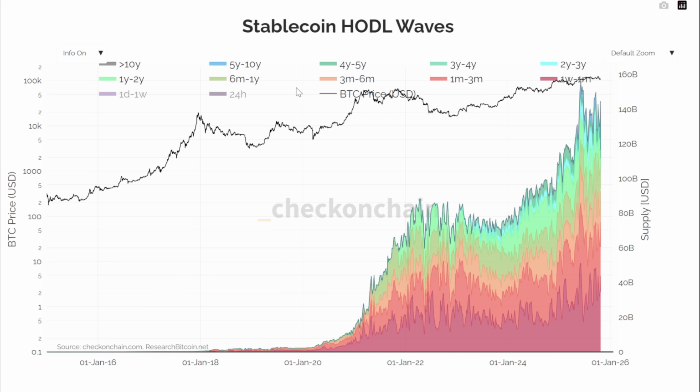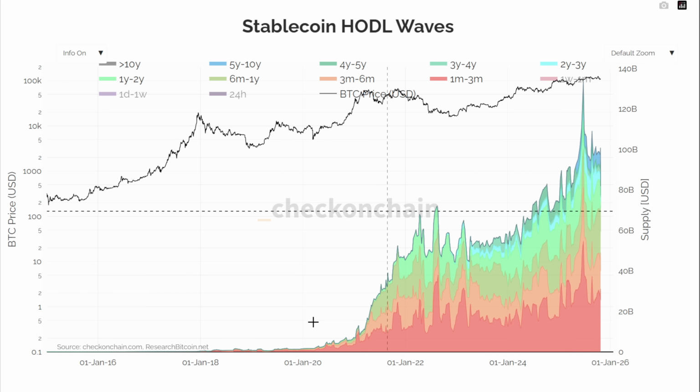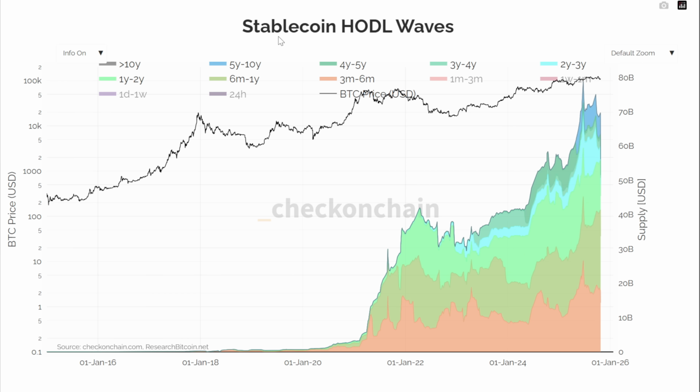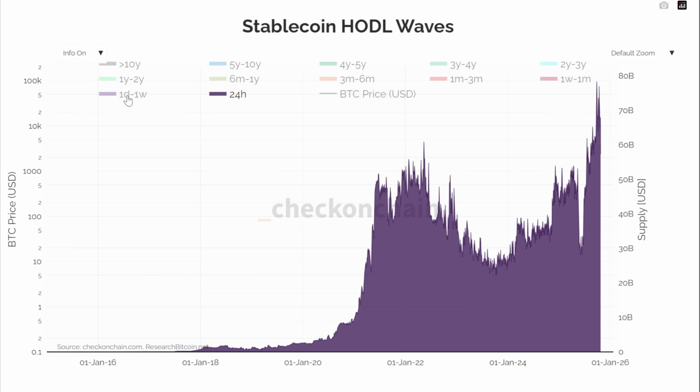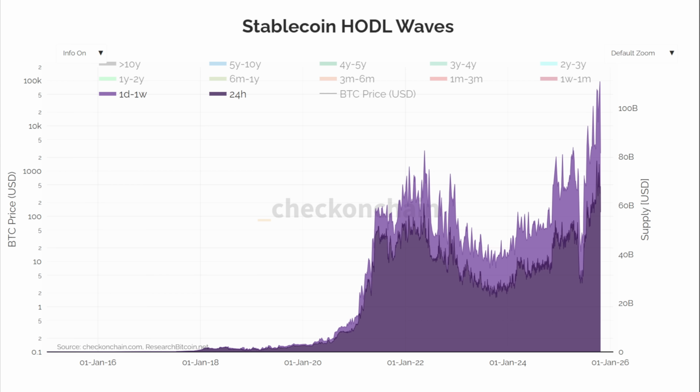So it seems like the vast majority of stablecoin growth comes from accounts that tend to hold stablecoins a bit longer. The stablecoins that haven't moved for the last 6 months account for roughly 70 billion of the market cap. And while the total market cap is close to 250 billion, the growth really comes from the medium-term holders, not necessarily from short-term speculation. At least that growth is slower, comparatively speaking.